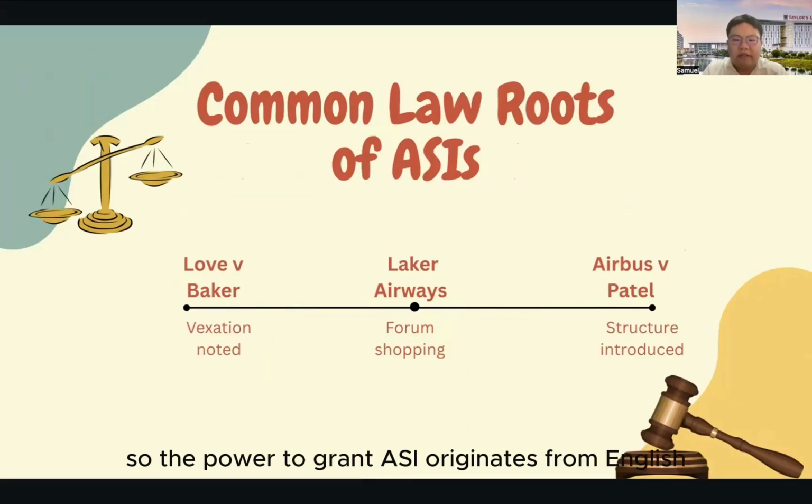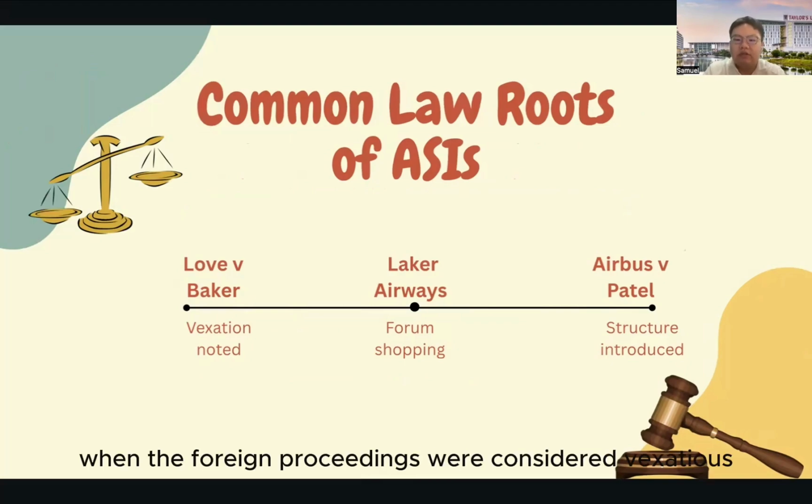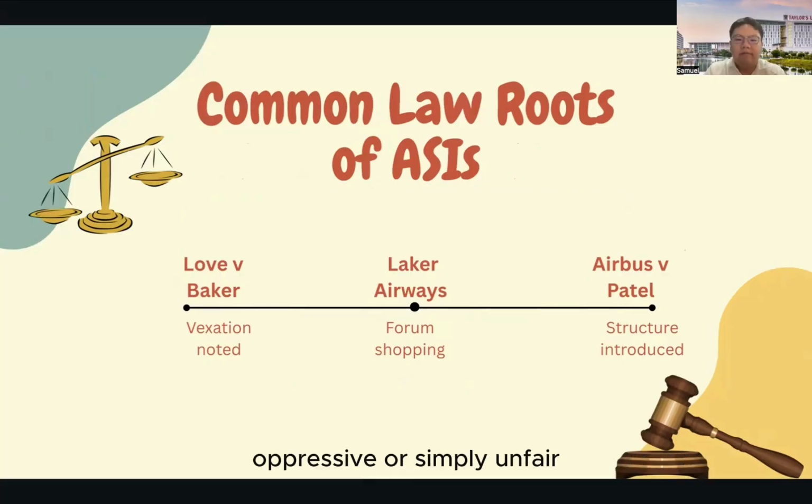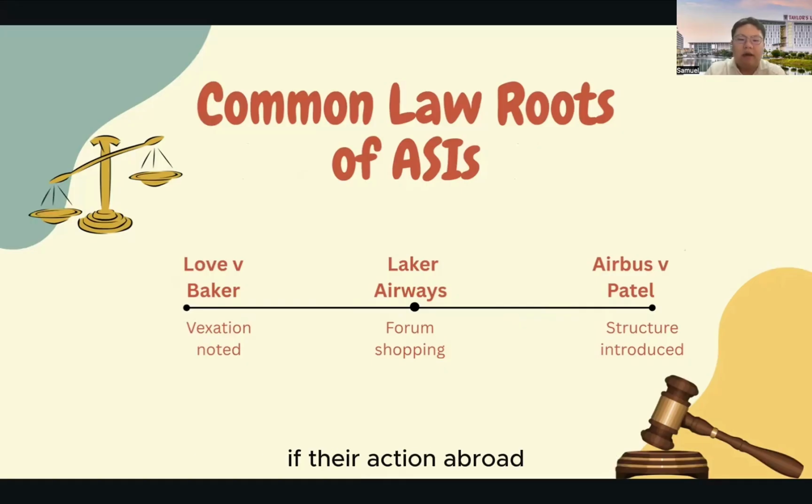So the power to grant ASI originates from English equity. Courts use this power when the foreign proceedings were considered vexatious, oppressive, or simply unfair. Early cases like Love and Baker and British Airways confirmed that courts could issue ASI against a party if the action abroad were abusive.